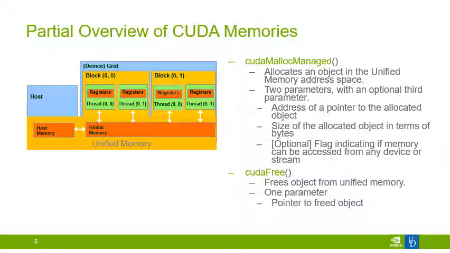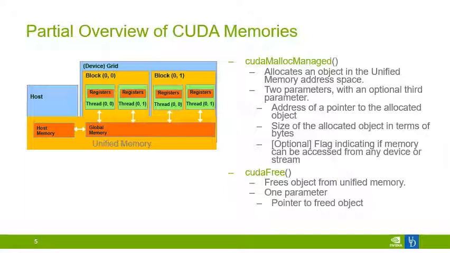There's also a third optional parameter indicating if you want the unified memory region to be accessible from any device or stream, with the default behavior for this flag being to allow access to any device or stream.